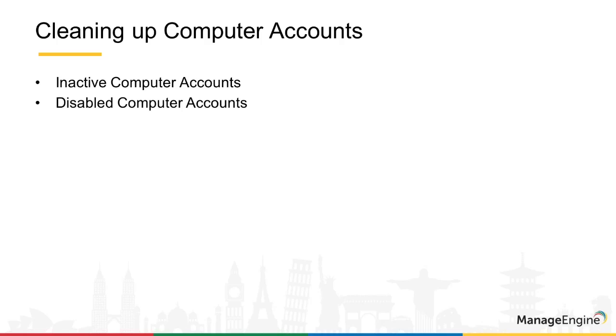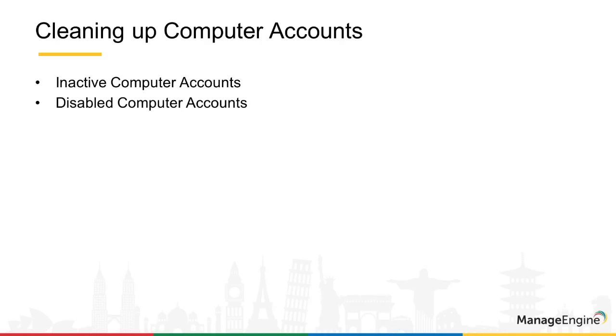If we have a computer that isn't joined to Active Directory, then obviously group policy from Active Directory won't affect that computer. We knew the computer was there, so why is it on the network? So the idea is that we want to find inactive computers that are in Active Directory. Now, of course, you want to find computers that aren't in Active Directory as well, but we want to find computers that were in Active Directory but really haven't been used.